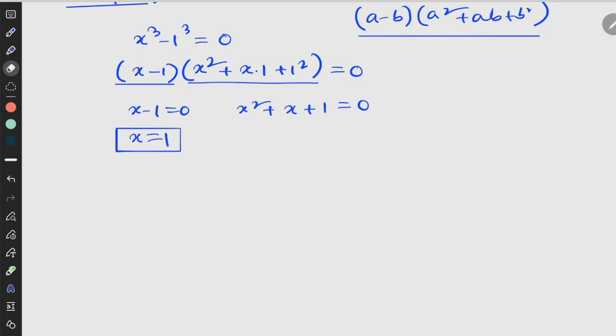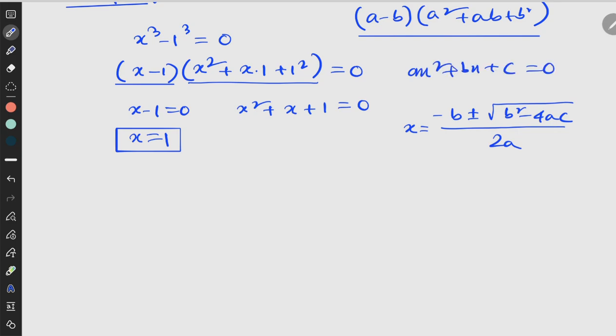We know that x equals minus b plus minus root over of b square minus 4ac by 2a. This is the formula of Sridhar Acharya. We know that when we compare this equation with ax square plus bx plus c equals 0, the coefficient of x square is a, the coefficient of x is b, and the remaining part is c, that is the constant part.